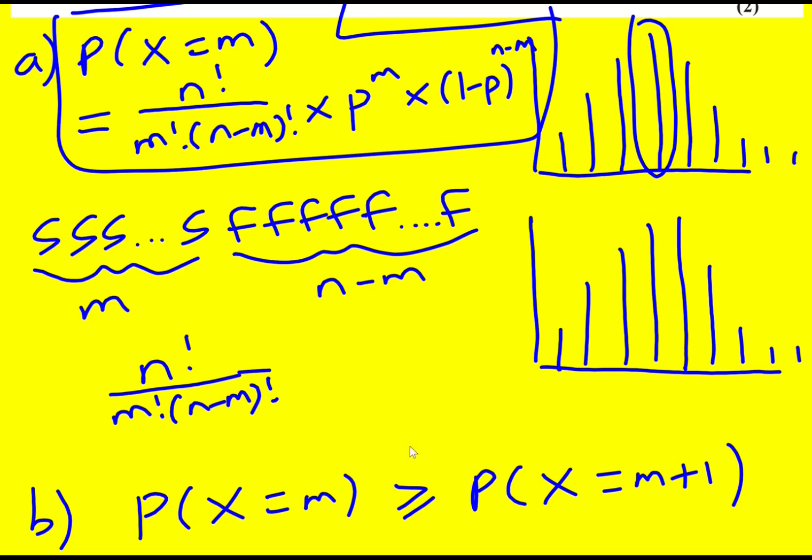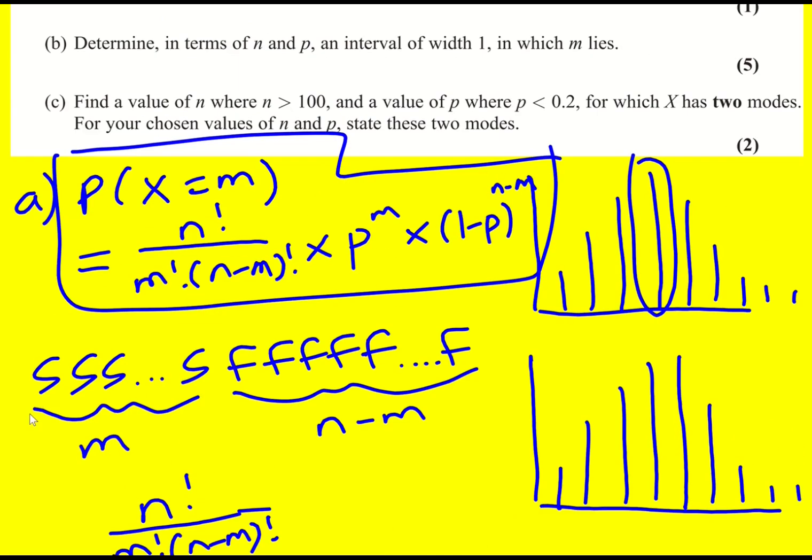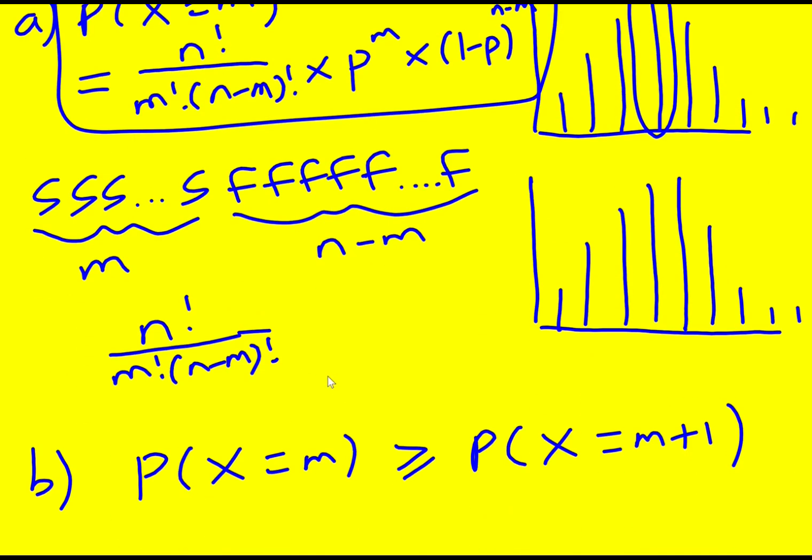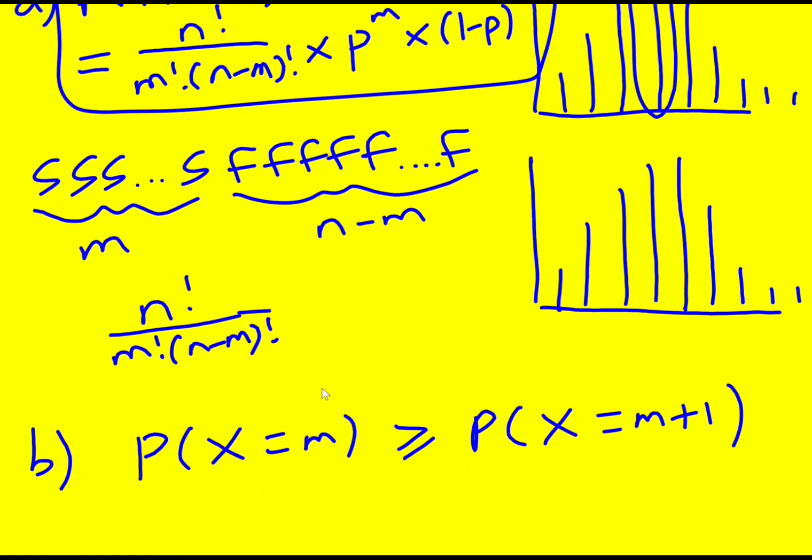But that is the absolutely crucial bit to this question. And if you're watching this video, having been not sure where to start, this is where you start. But there's still quite a lot to do. We're then later on going to look at the fact that the probability that x equals m is also greater or equal to the probability that x is equal to m minus 1. That's how we're going to get our interval.